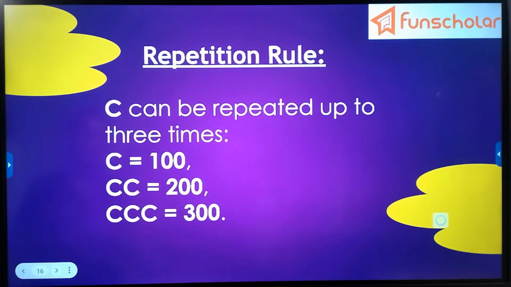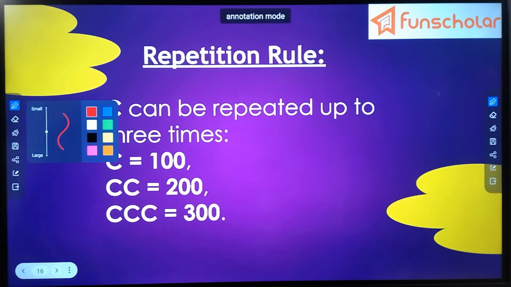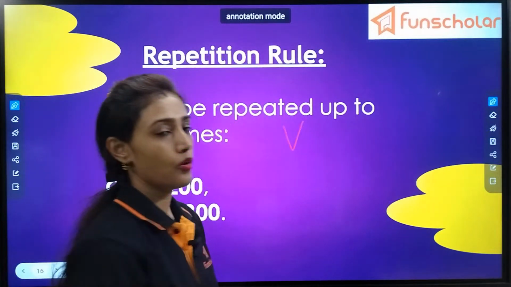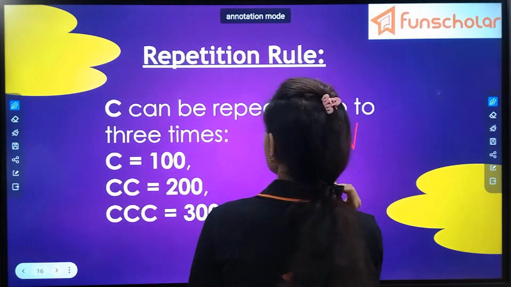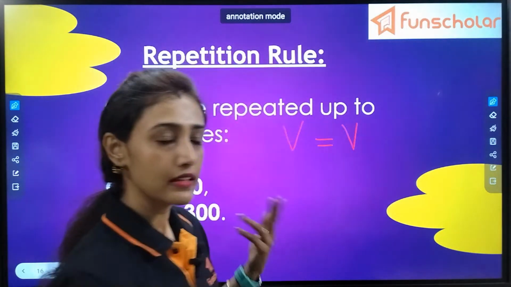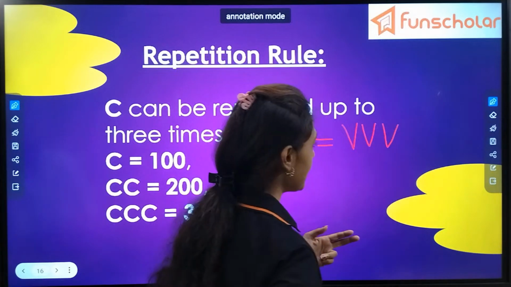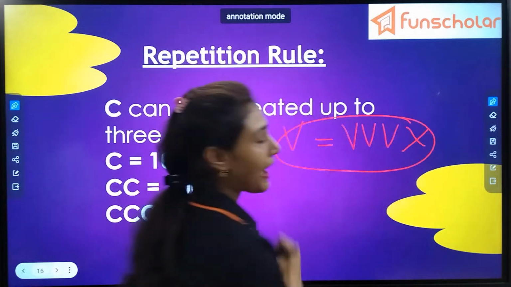Next comes C. So now you may ask, ma'am, there is V in the middle. Why can't I write V like C or X or I? V can be repeated, right? No, you can't write it. Why?